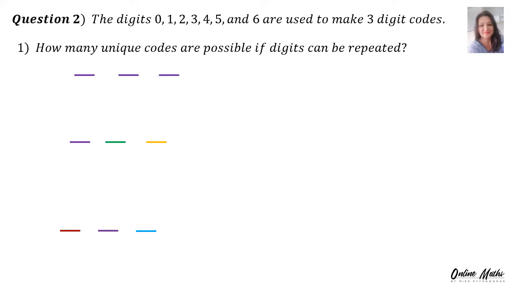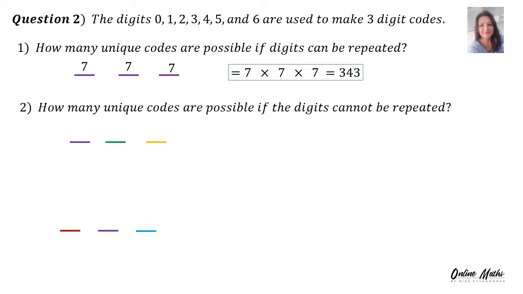That means there's 3 spaces. So in the first one, there's 7 possibilities, then 7 possibilities for the second space, and for the third space, also 7 possibilities. Therefore, the answer is 7 times 7 times 7, which is 343.